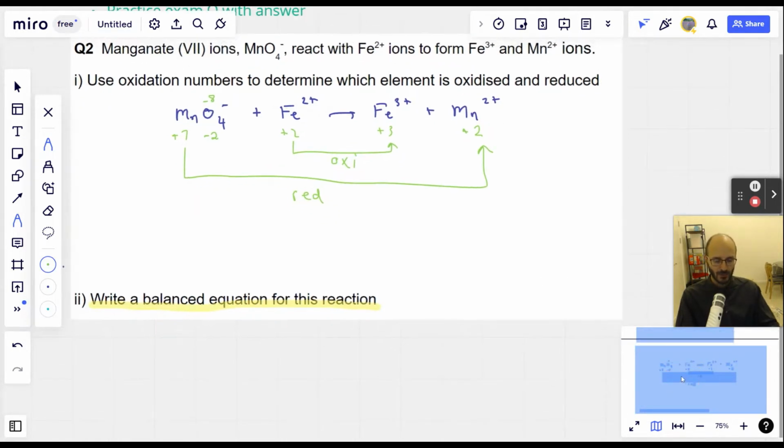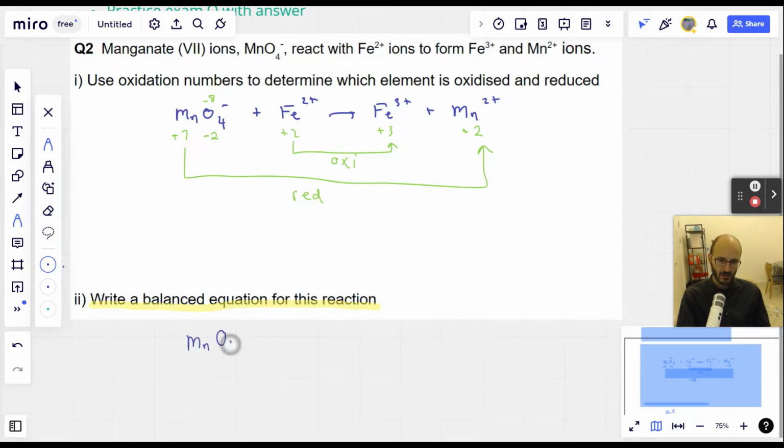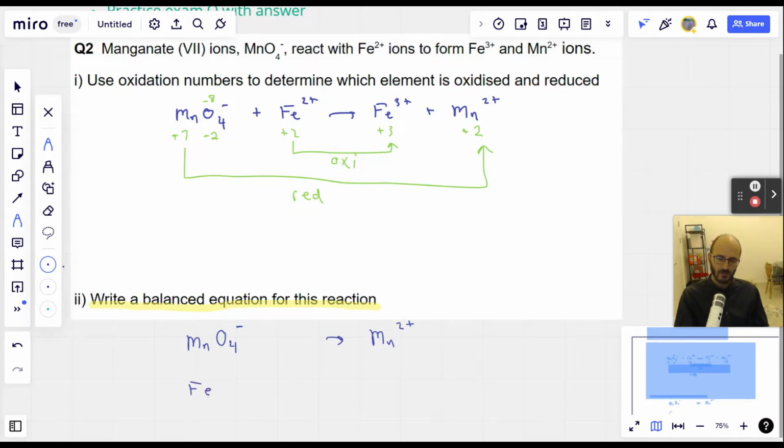Well, you will write one half equation for manganese, so that is from manganate to manganese 2 plus. And then you write another half equation for iron 2 becoming iron 3 plus.